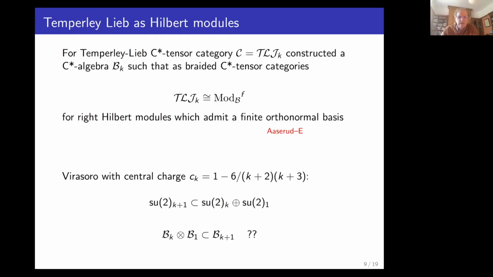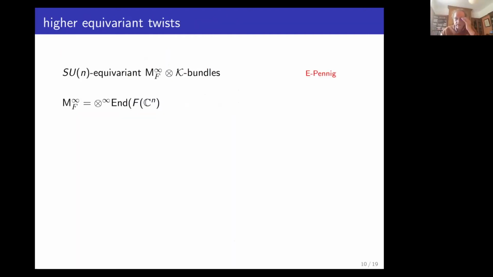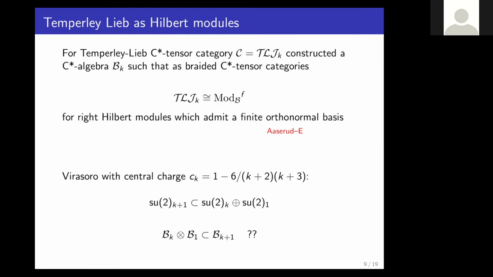Okay, so another direction. Can I ask a question here? Sure. There's also a construction of Wenzl algebras to realize any modular tensor category. Yeah. Are they related in any way? I assume the algebra is finite dimensional and all the Hilbert modules are also finite dimensional, right? These C-star algebras B_K are infinite dimensional. Oh, it's infinite dimensional, so that's very different.